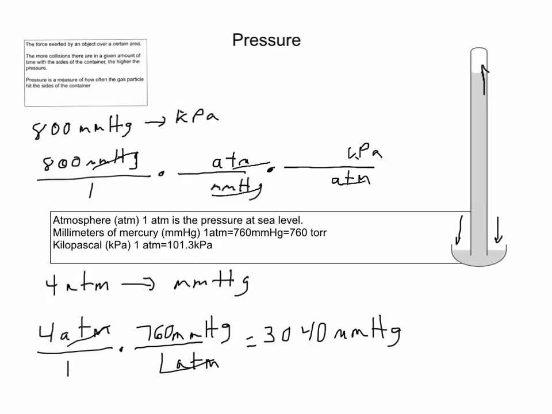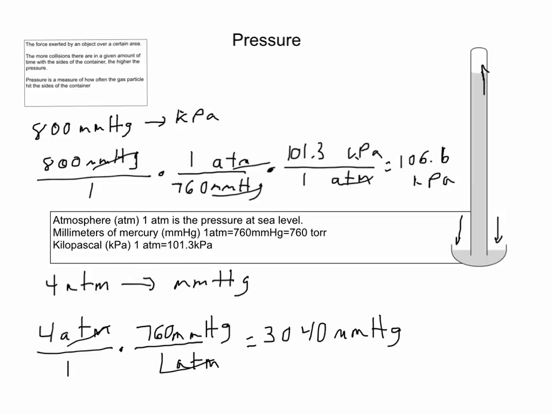Cancels, cancels. 1 atmosphere is 760 millimeters of mercury. 1 atmosphere is 101.3 kilopascals, and I solve to get 106.6 kilopascals.